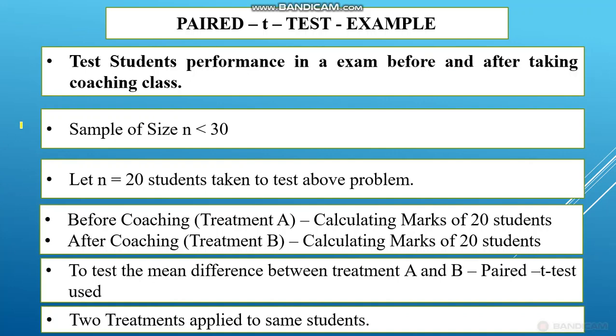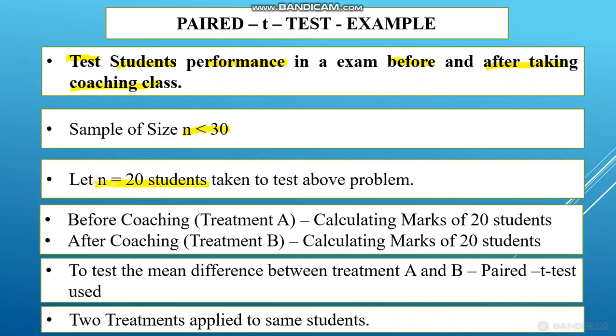For example, I am taking the first problem. I want to test the students' performance in an exam before and after taking a coaching class. For this problem, I am taking a sample of size less than 30, for example, a sample of 20 students.